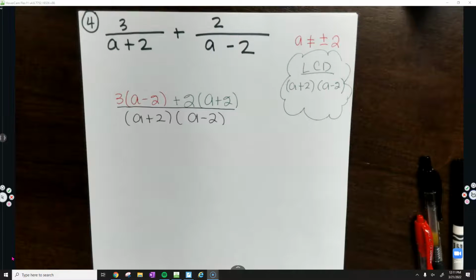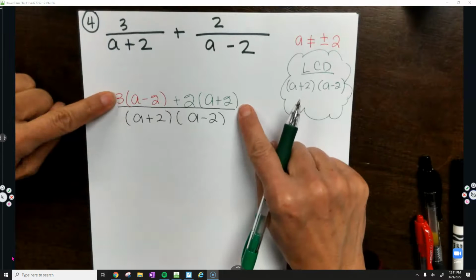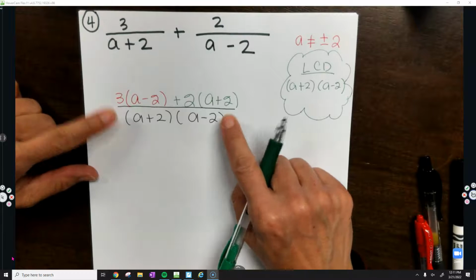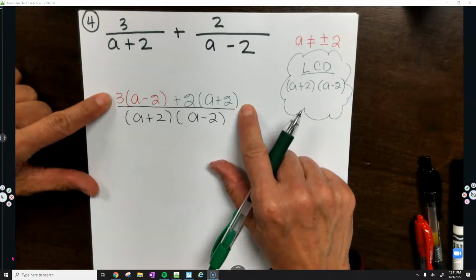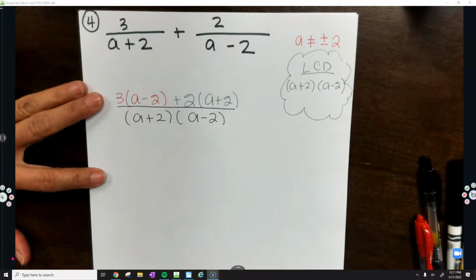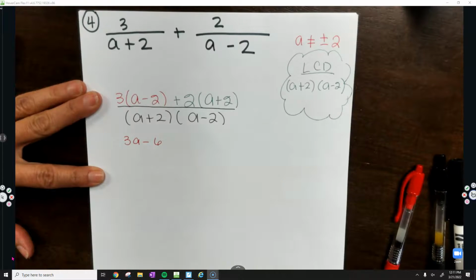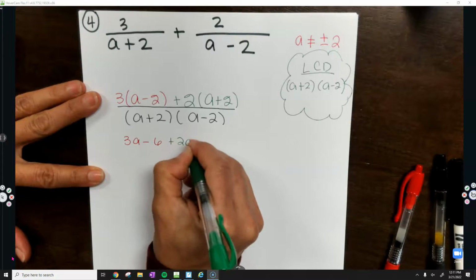Now, it almost looks like I can cancel some stuff out, but remember, you have to combine like terms in the numerator. Don't worry about multiplying the denominator, but you do multiply and combine in the numerator. So this is going to turn into 3A minus 6 plus 2A plus 4.